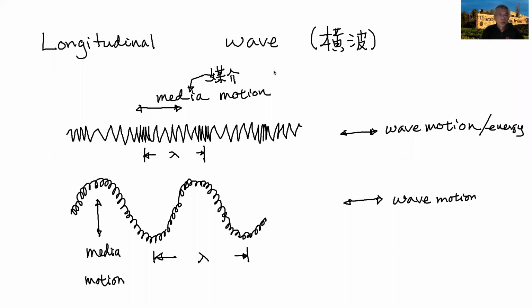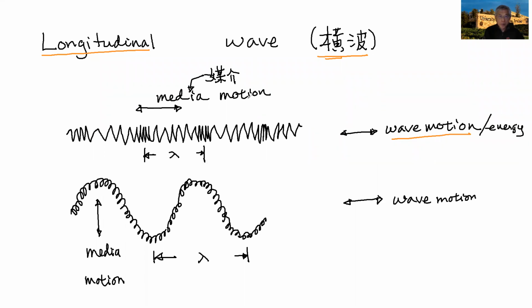So first of all, we want to talk about two different kinds of wave. One is the longitudinal wave, which in Chinese is 横波, right? In a longitudinal wave, the wave motion in this case is going left and right, and its energy is also going left and right.